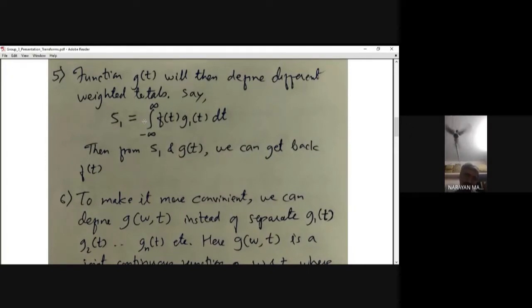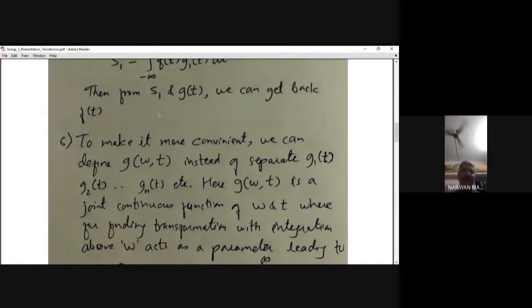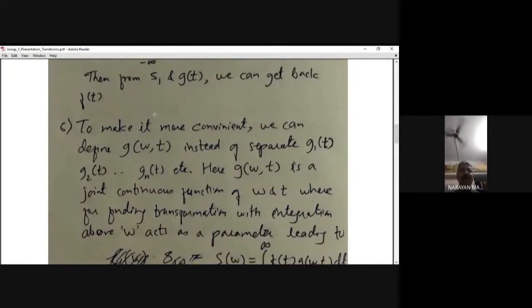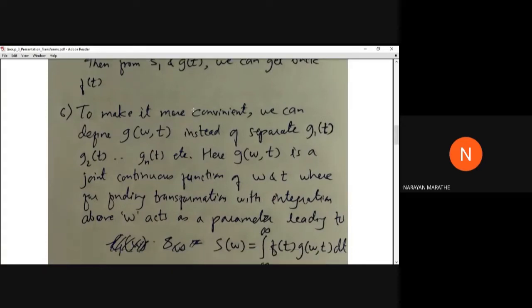invertible. Now, to make it more generic, instead of g1(t), g2(t), we can define g(omega, t) as a joint function. It is a joint continuous function of omega and t for finding the transformation, and when we integrate, omega acts as a parameter.